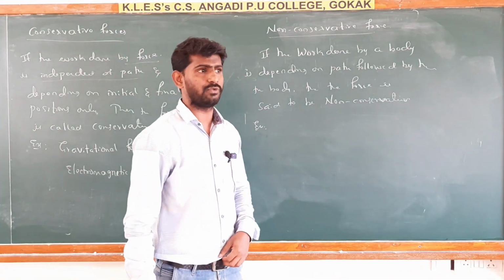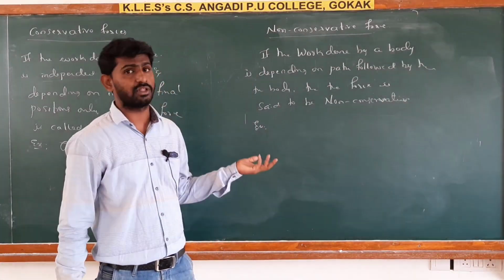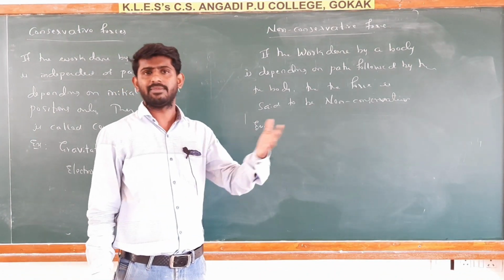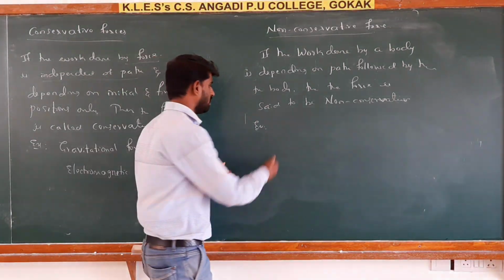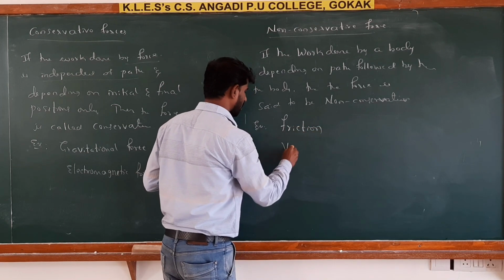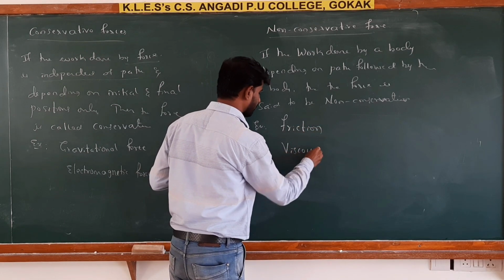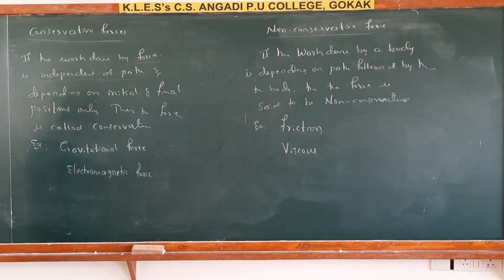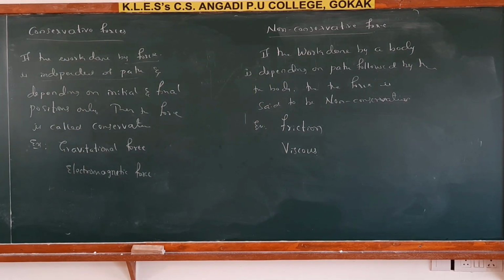Like what are opposing forces? Like in our last topic we discussed friction, which was always opposing the relative motion of the bodies. So friction is an example for non-conservative force. And also viscous force is an example for non-conservative force.